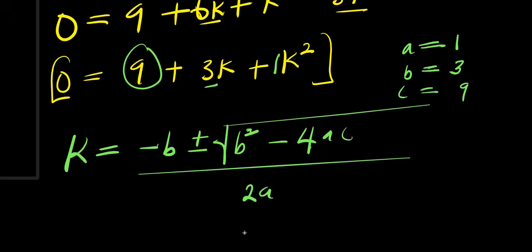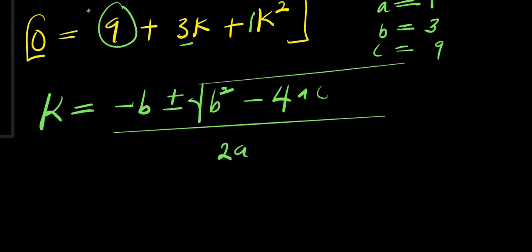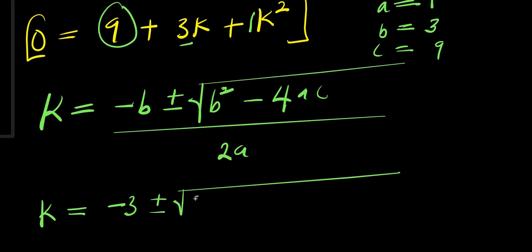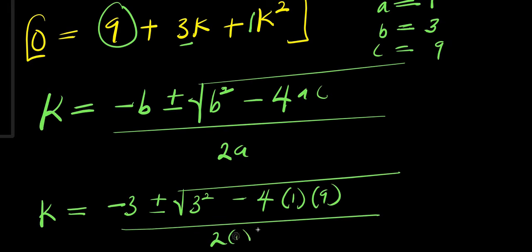So let's insert it right here. We have k equals negative 3 plus or minus square root of 3 power 2 minus 4 times 1 times 9, divided by 2 times 1.